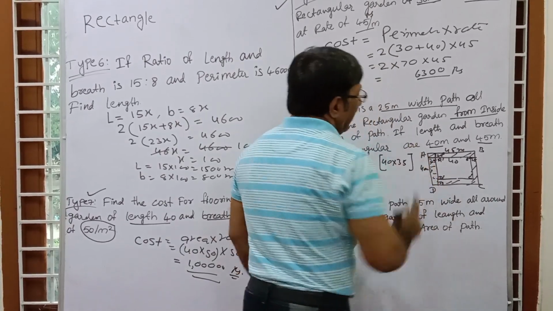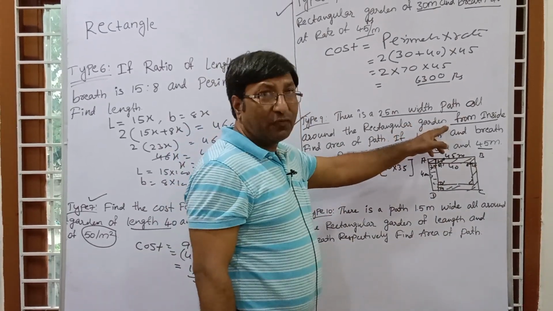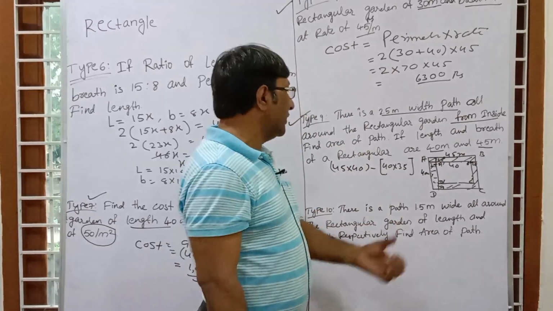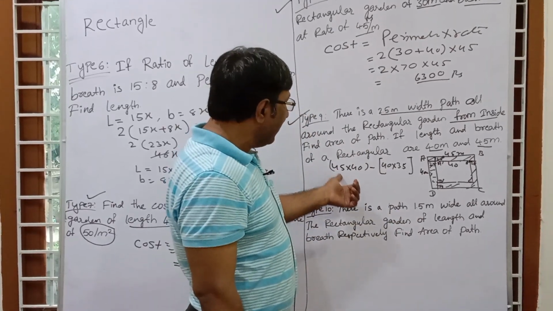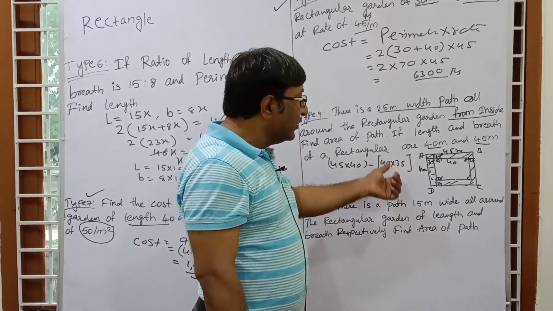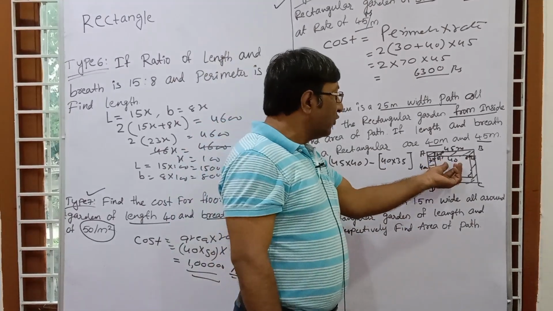So there is a simple trick. If the path is from inside, then you go for the original length and breadth first. The original length is 45, the original breadth is 40, minus. Now you find the new length and breadth of the new rectangle.